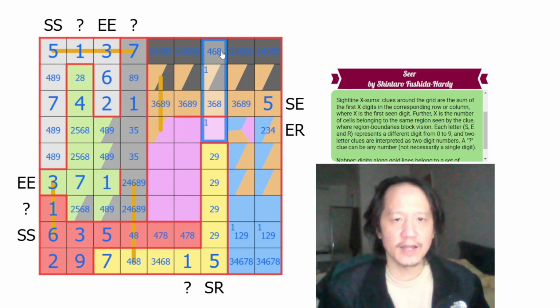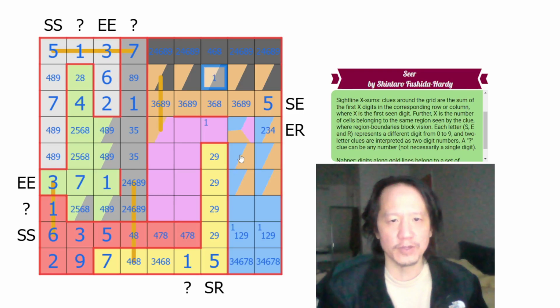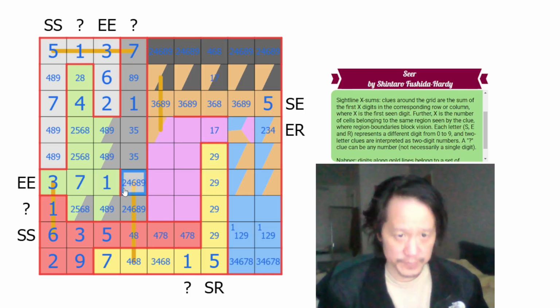So a 7 has to be in one of these 4 cells. Well, this can't be 7, this can't be 7. The 7 can only be in one of these 2 cells. Therefore, it has to specifically be a 1, 7 pair then, because those are the only 2 places in column 7 which can contain a 1 or 7.